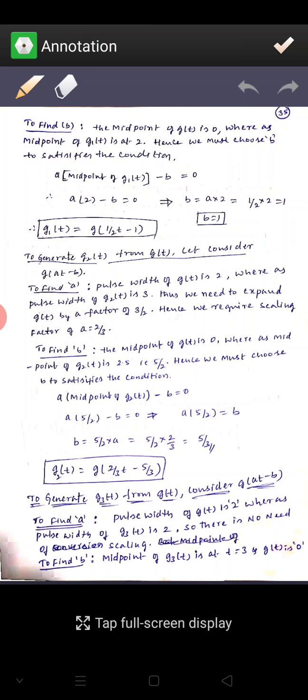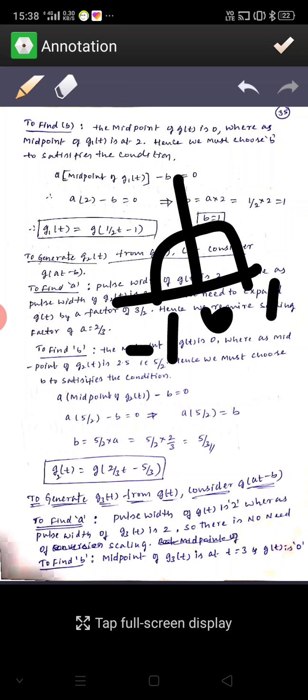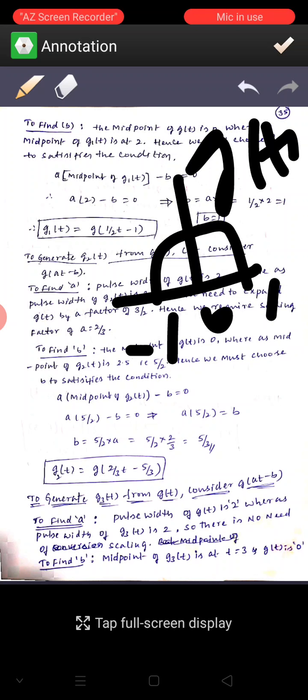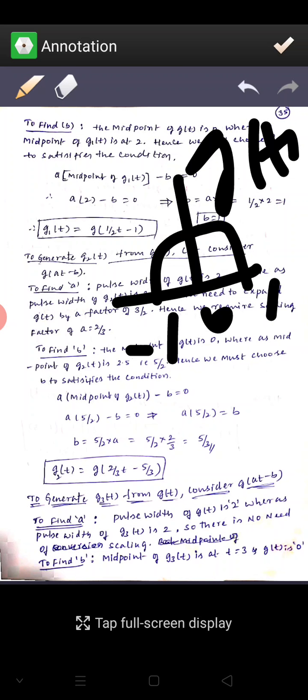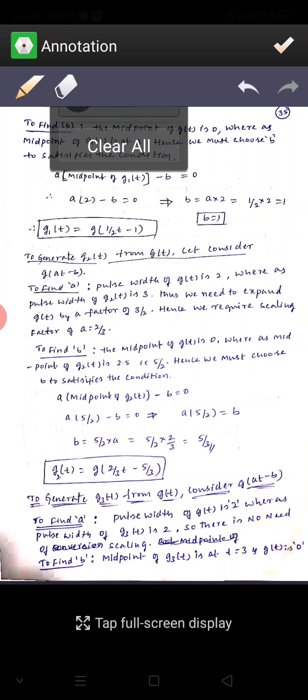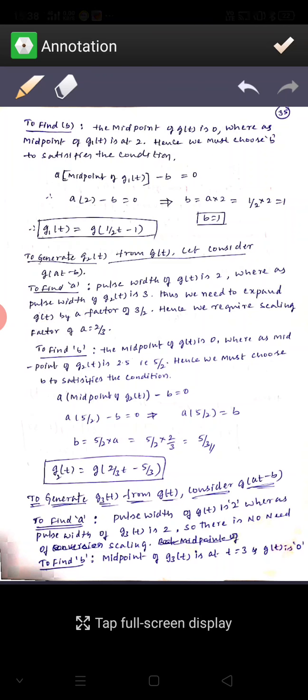The midpoint of g of t, which runs from -1 to +1, is 0. And similarly, the midpoint of g1 of t is 2. So the midpoint of g of t is 0, whereas the midpoint of g1 of t is at 2.